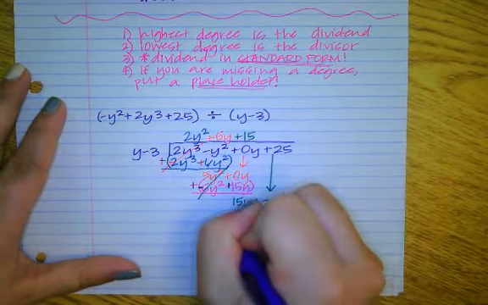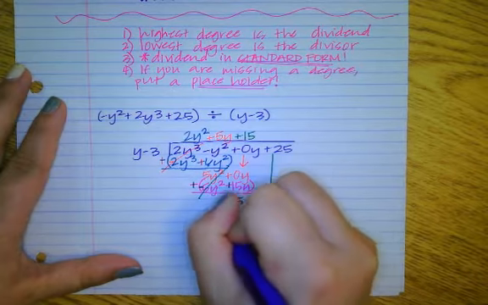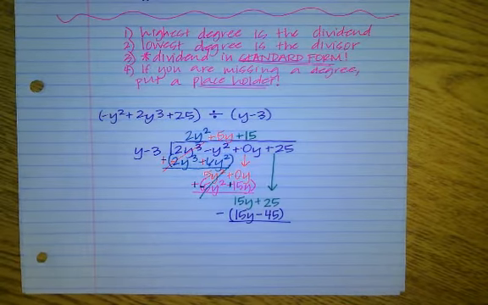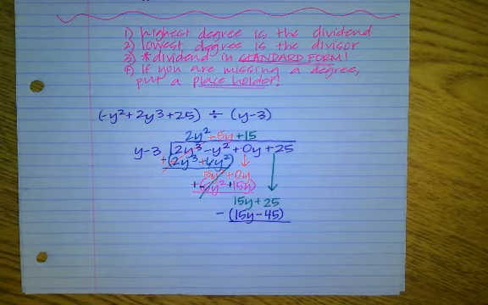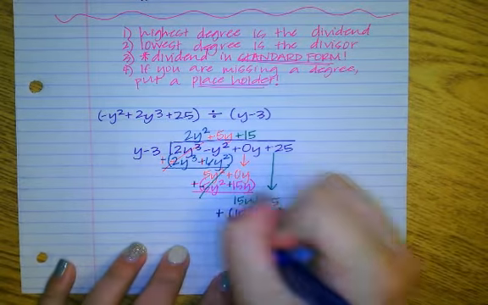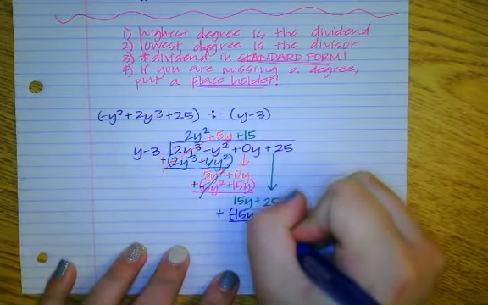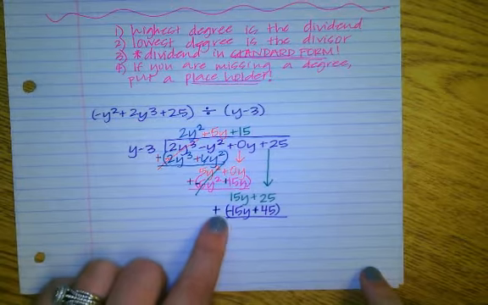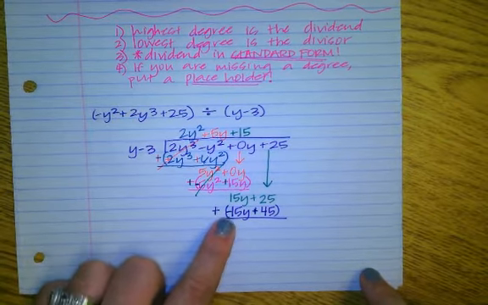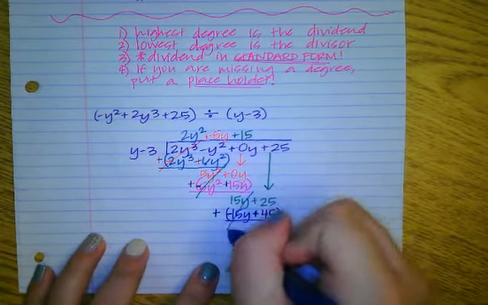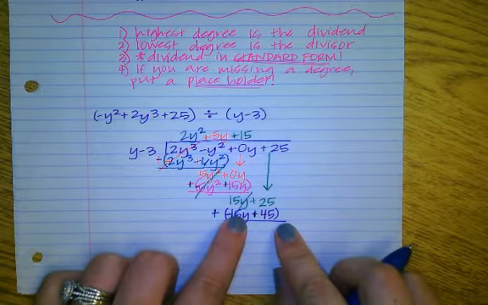Negative 45. Put it in parentheses and subtract. Now I'm going to change my sign here to addition and change all of my signs inside parentheses. 15y plus a negative 15y, what happens? Cancels. 25 plus 45.